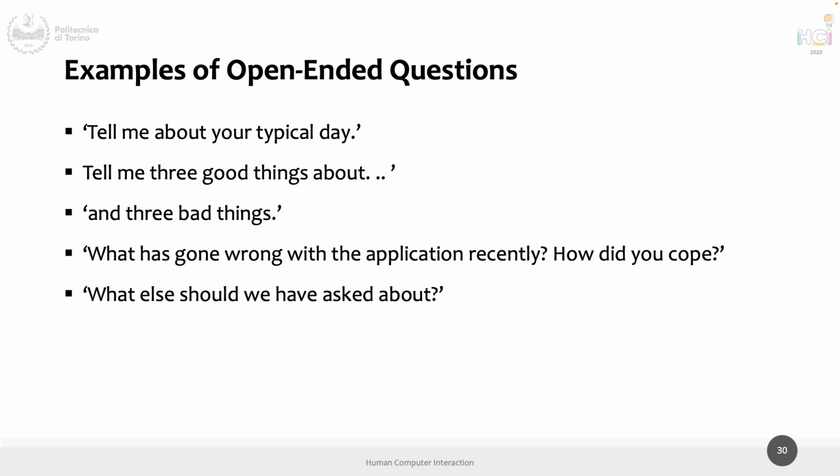Another kind of question that you can use is, tell me 3, 4, 2, a number like that, of good things about X, and 3 bad things about X. When asking this kind of thing, it's always important not to give only the positive or negative option, but ask for both, and ask for a number of things that you want to know about. 2, 3 things.